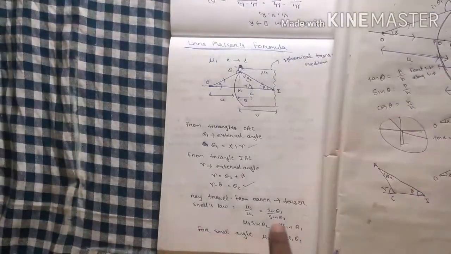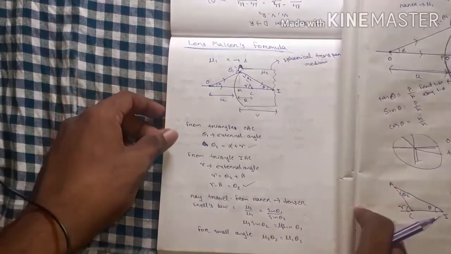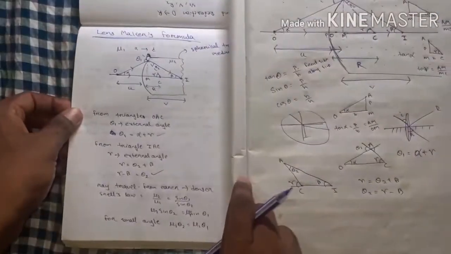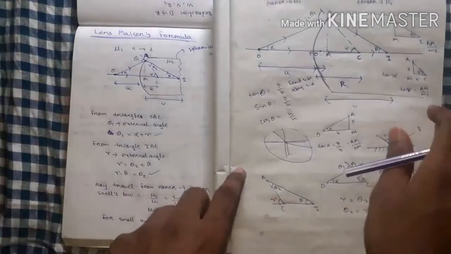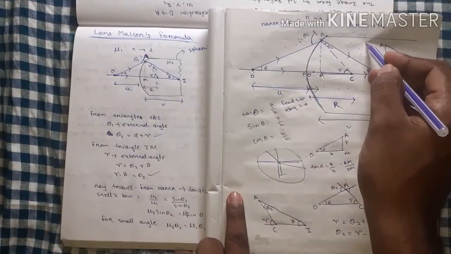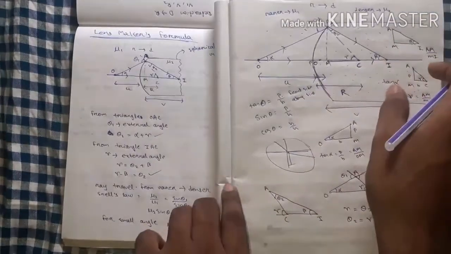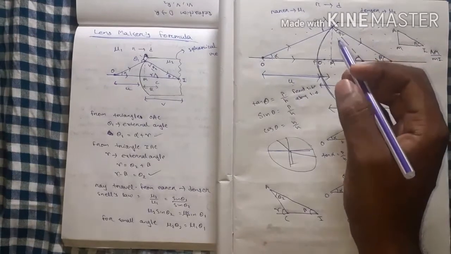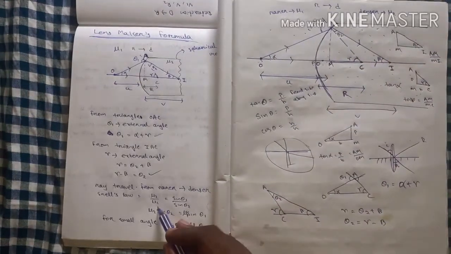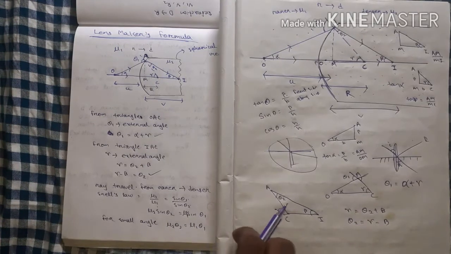Then listen, a ray travels from rarer to denser. This is light traveling from the rarer medium to the denser medium, which means Snell's law will be applied. According to Snell's law, mu 2 by mu 1 equal to sin theta 1 by sin theta 2.